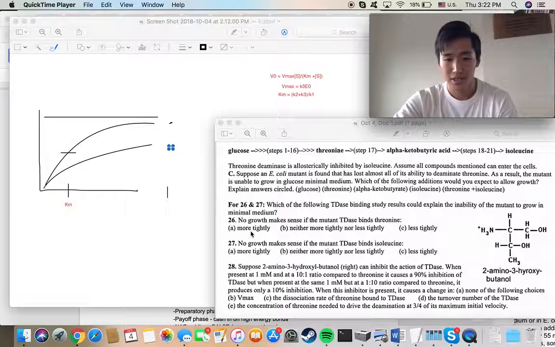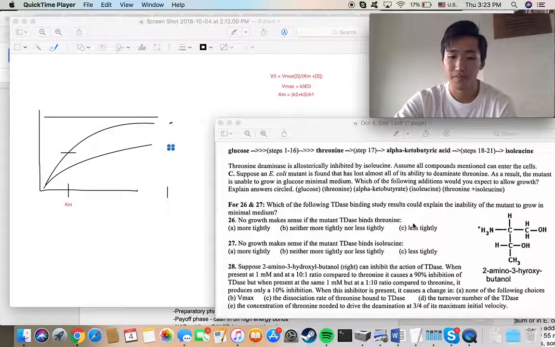So more tightly is going to be a smaller Km, and less tightly is going to be a larger Km, right? And with a larger Km, what you're basically saying is you need a higher concentration of substrate to run this reaction at maximal velocity because the Vmax doesn't change, right? And because you need more substrate, the reaction would run slower at the same substrate concentrations, which could inhibit growth. So the answer is C, less tightly.